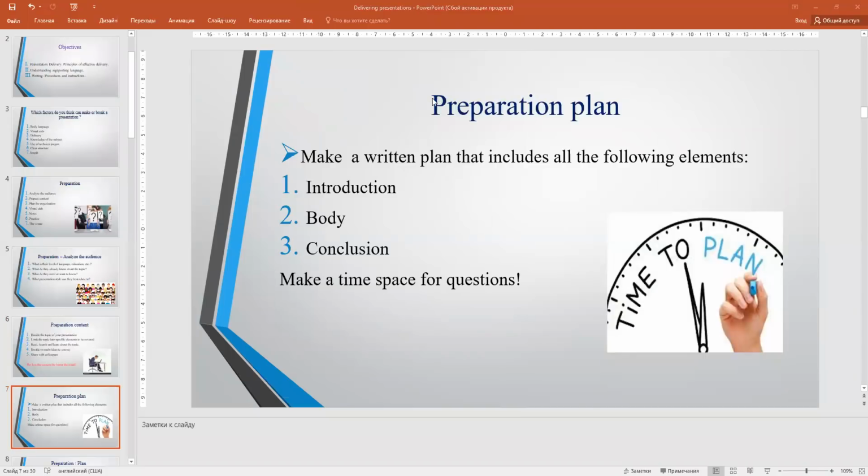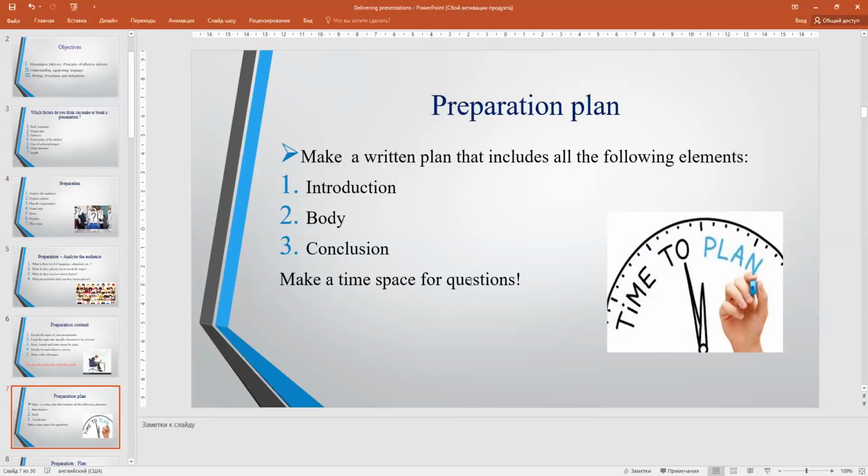You can see the preparation plan. So make a written plan that includes all of the following elements. Your plan should be based on this model. The first part of this model is introduction, and then the second part is body, and then the third is conclusion.